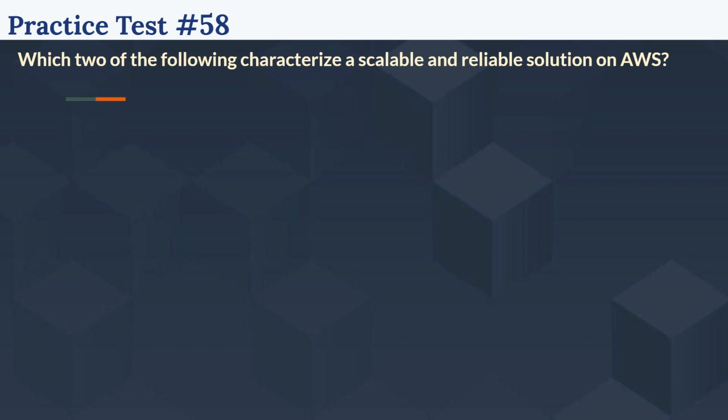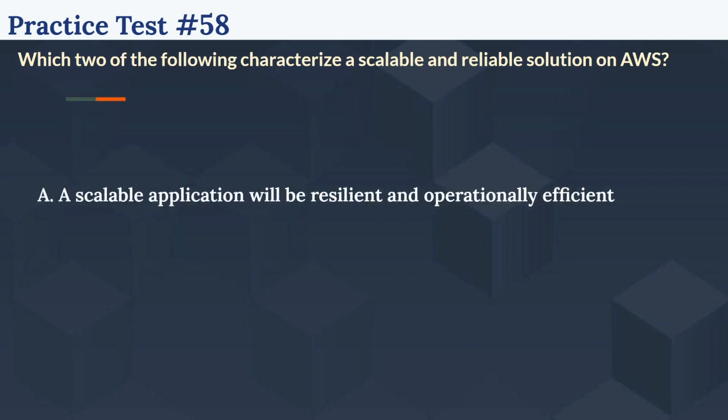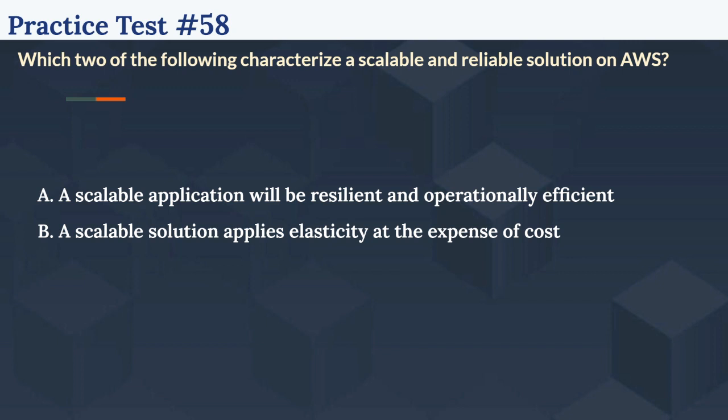So the 58th question is: which two of the following characterize a scalable and reliable solution on AWS? So the options are option A, a scalable application will be resilient and operationally efficient. Option B, a scalable solution applies elasticity at the expense of cost.